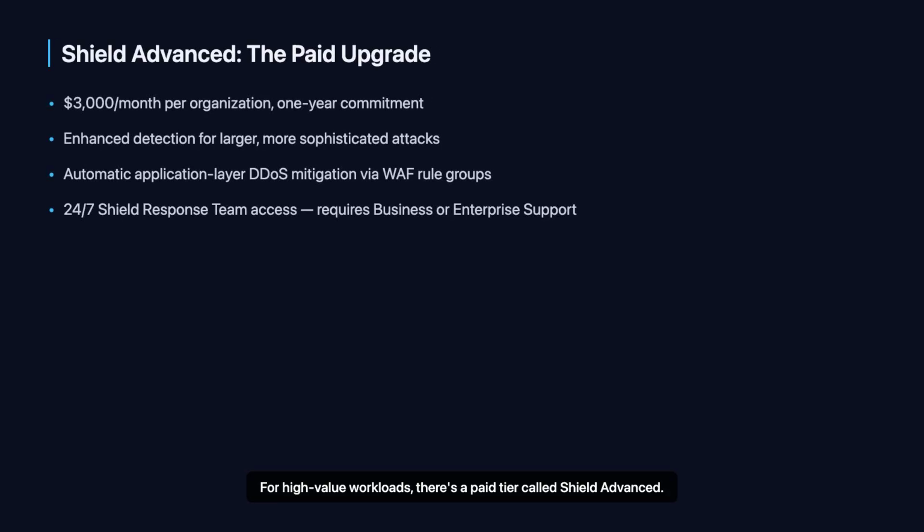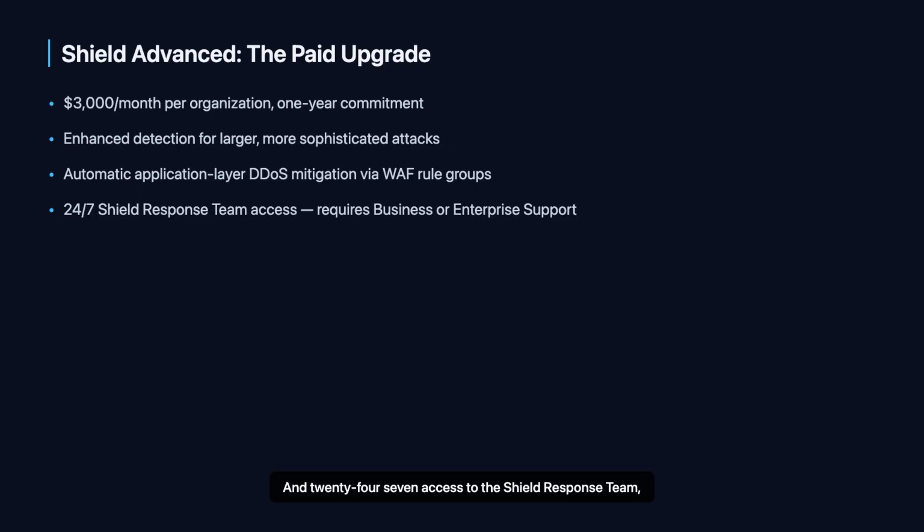For high-value workloads, there's a paid tier called Shield Advanced. It runs $3,000 a month per organization on a 1-year commitment. What do you get for that? Enhanced detection for larger and more sophisticated attacks. Automatic application layer DDoS mitigation, which it does by deploying WAF rule groups on your behalf during an attack.